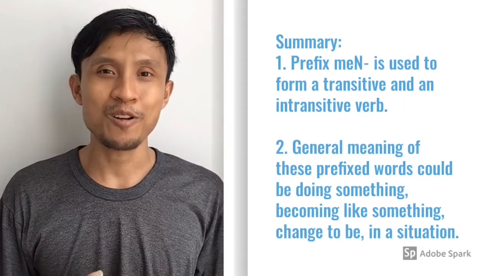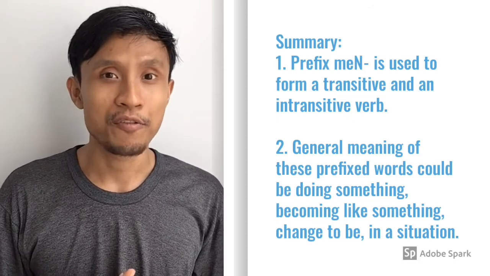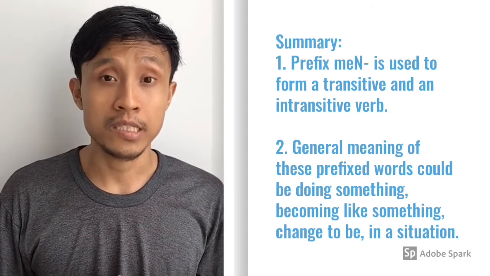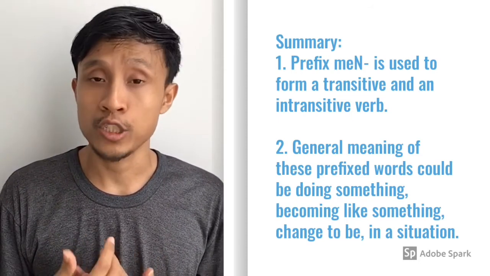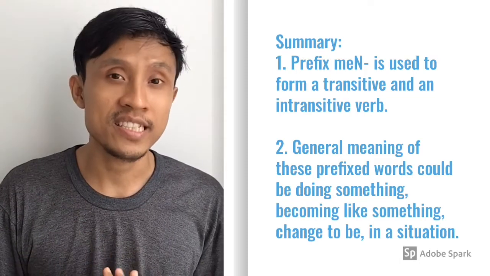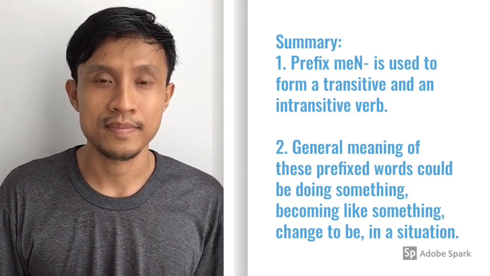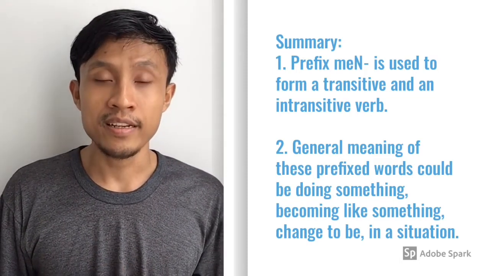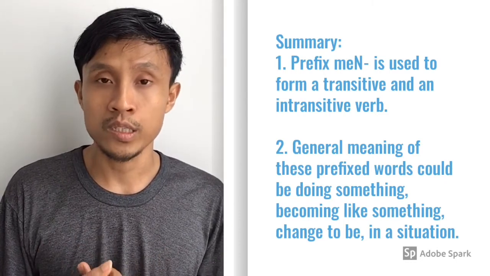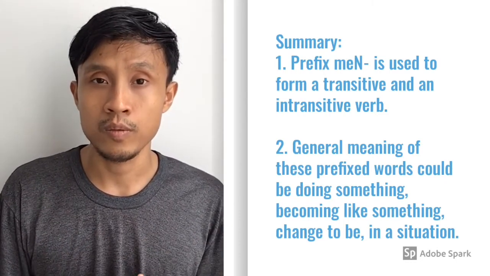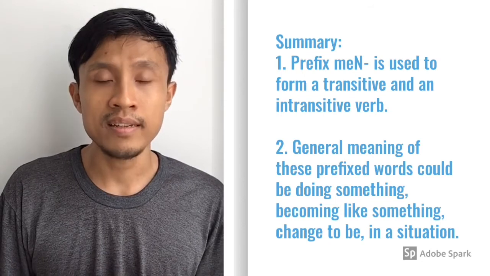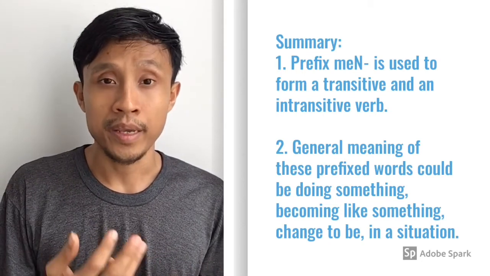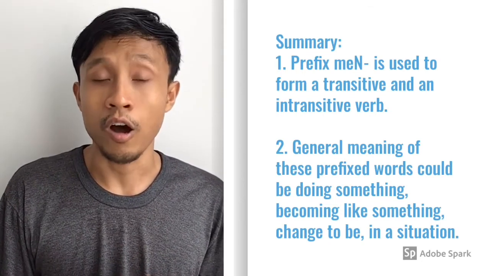Okay, let's recap what we have learned today. First, we use prefix me to form a transitive and an intransitive verb. The general meaning of the words with this prefix will be doing something, becoming like something, or in a situation.